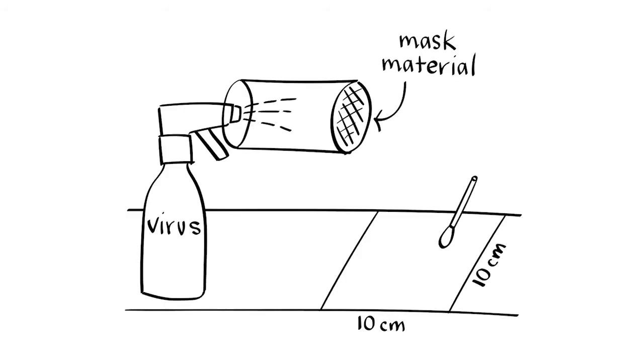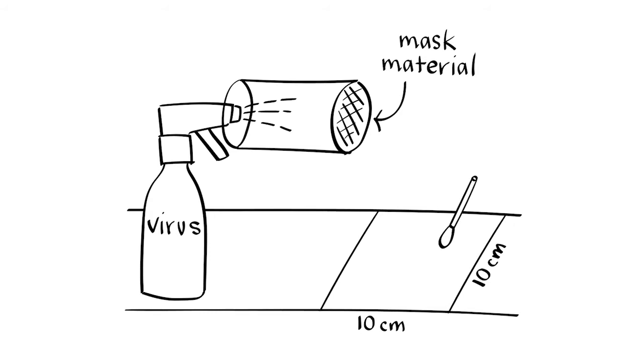I'm going to take a spray bottle of virus particles mixed with water in this pretend highly controlled lab experiment where everybody's protected from the virus, and for some reason I have virus particles available. I'm going to take a clear plastic tube with the mask material attached to the end, and spray a set amount of the virus through the mask material.